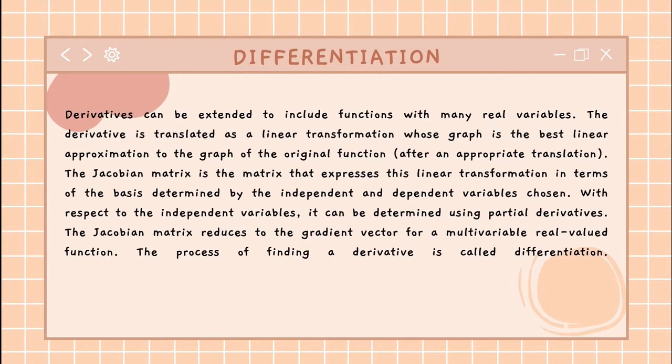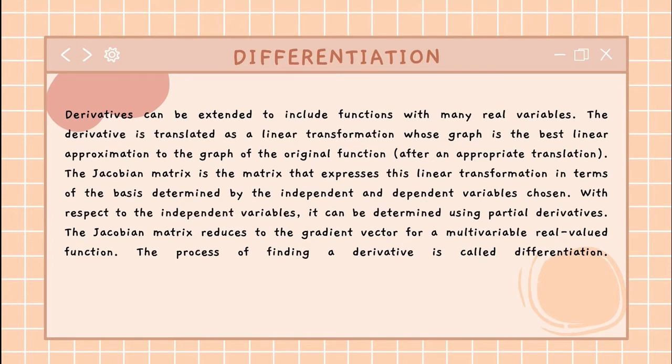Derivative can be extended to include function with many real variables. The derivative is translated as a linear transformation whose graph is the best linear approximation to the graph of the original function after an appropriate translation.